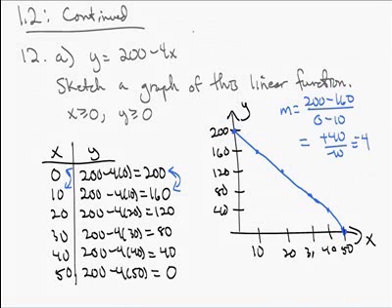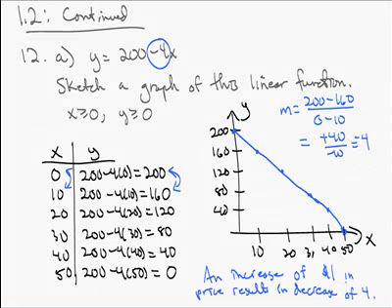Positive over negative is a negative. And you can see that's the coefficient of x here. So since your slope is negative 4, an increase of $1 in the rental price will result in a decrease of 4 spaces that are rented. So if you increase the rental price by $1, you'll lose 4 spaces.